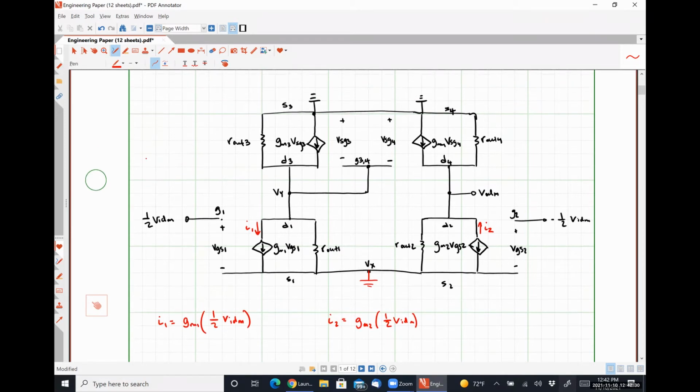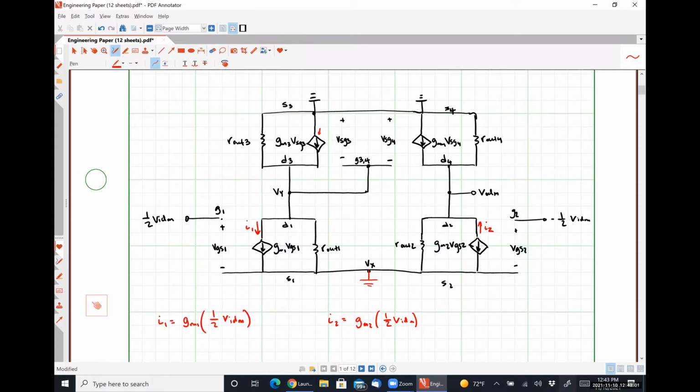Now, this bit is hopefully a review for what you covered in, I think we probably talked about this in 336. Let's look at this current source here. This current source has a current of what flowing through it?